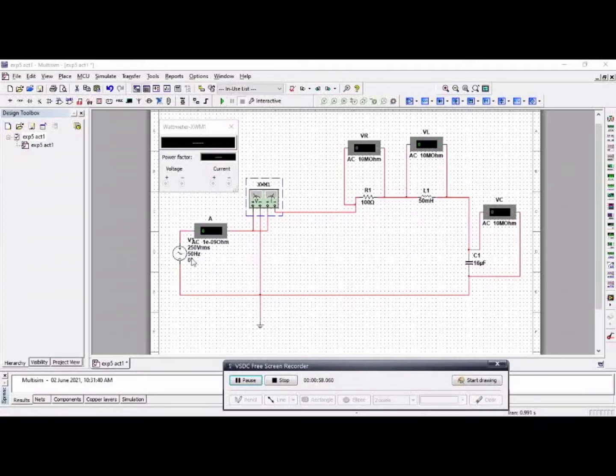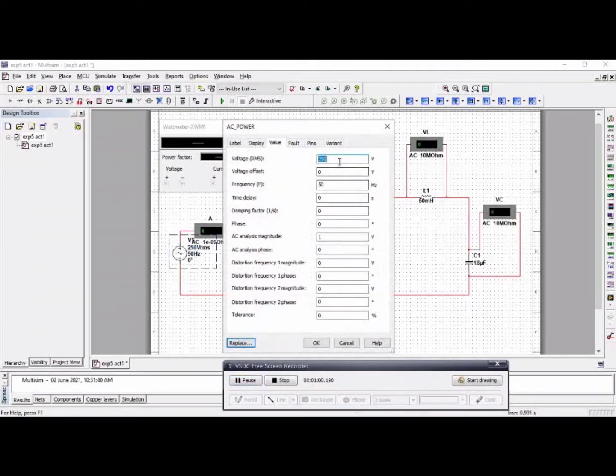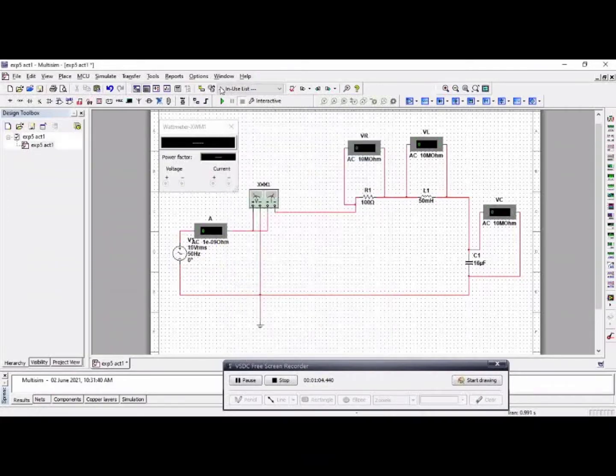Next, we run the simulation when the voltage supply is 10 volts. Wait until the number of the voltmeter and the other numbers are constant first.